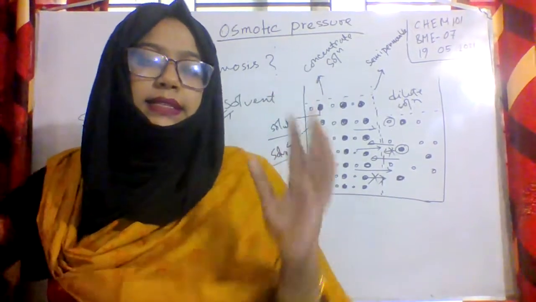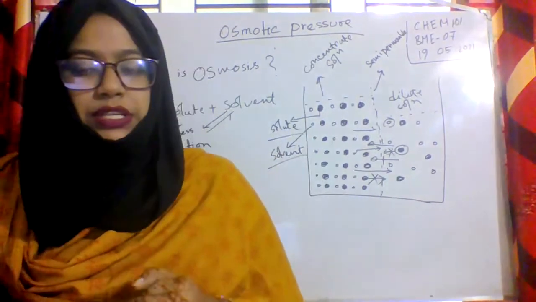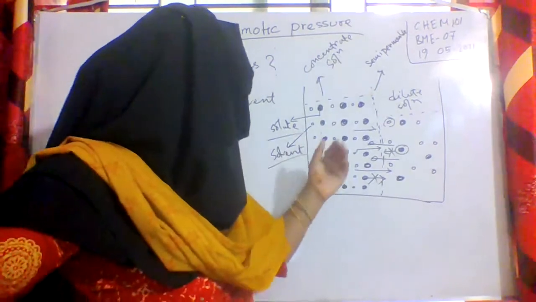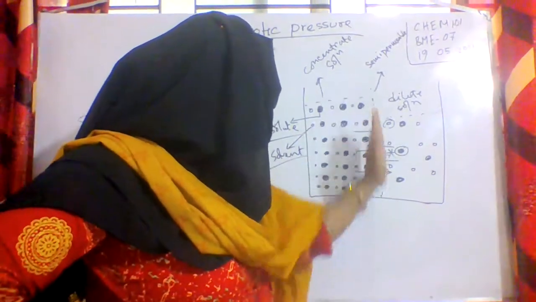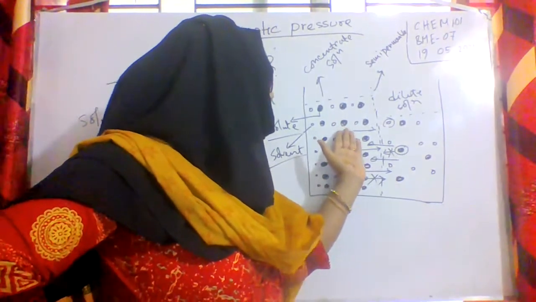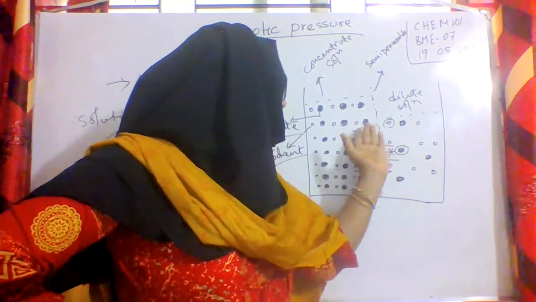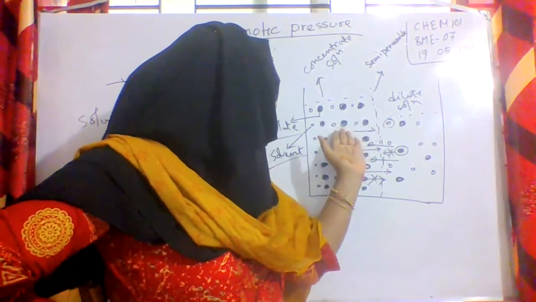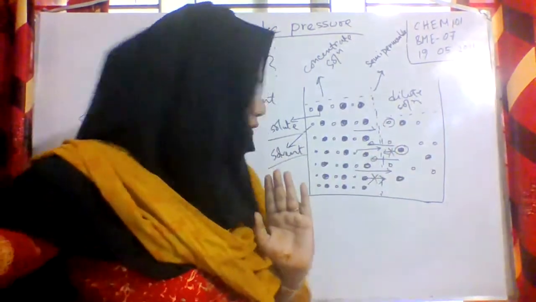So what is osmosis? I said it is the opposite of diffusion. In case of diffusion, there is no semi-permeable membrane and molecules will shift from the higher concentrated solution to the lower concentrated solution. Okay.